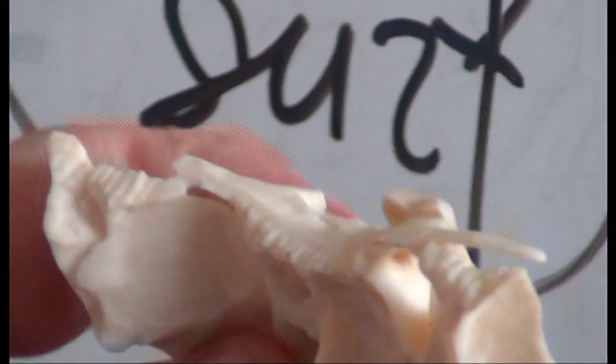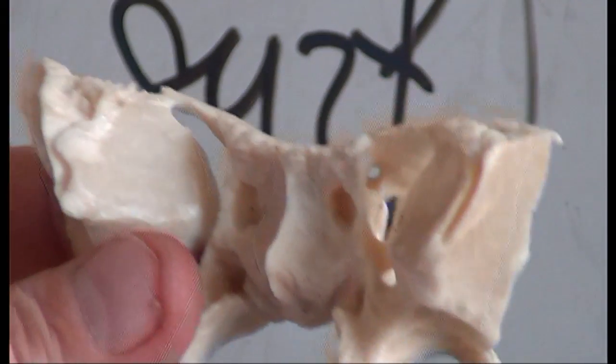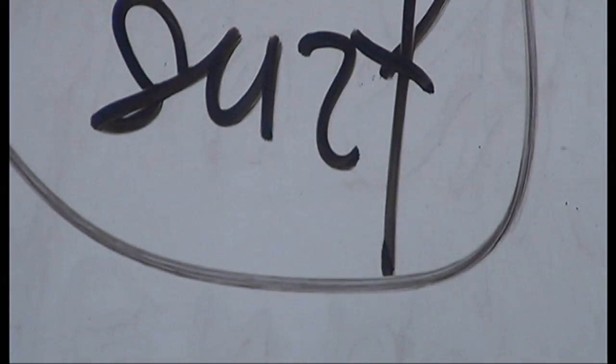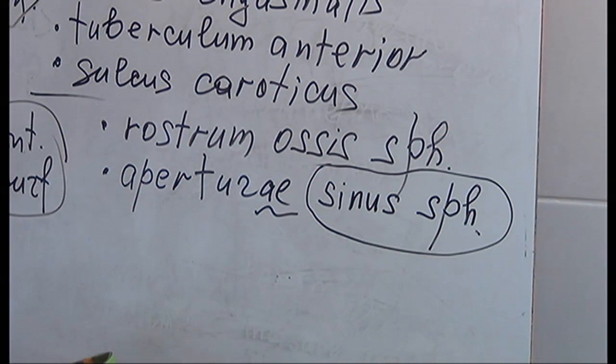Inside of it, we can find a special cavity which contains air, sinus sphenoidalis, a paranasal sinus, paranasal because it's close to the nasal cavity, but out of it.